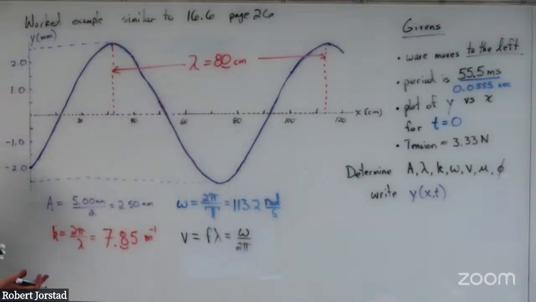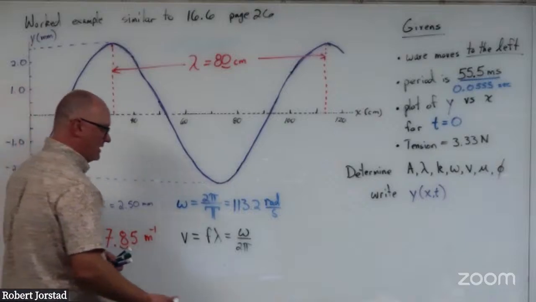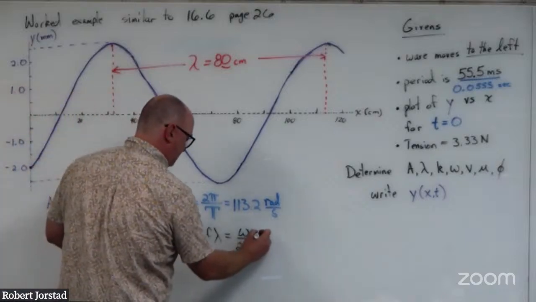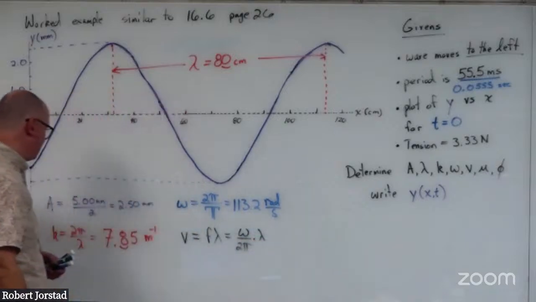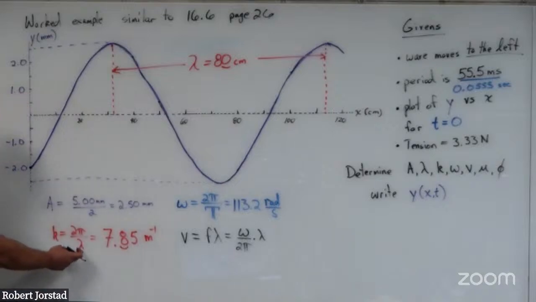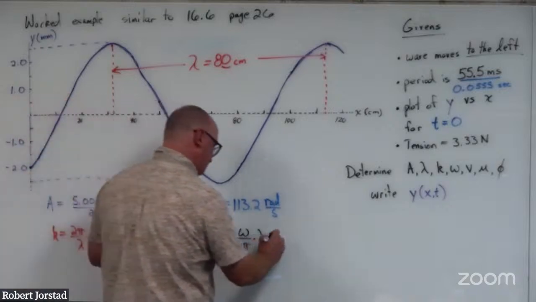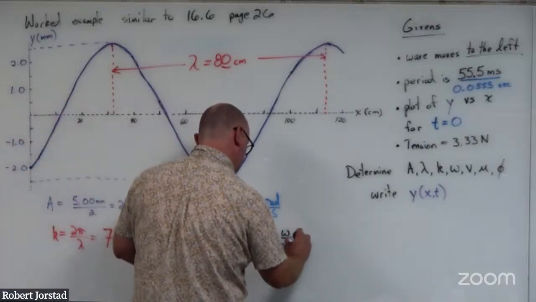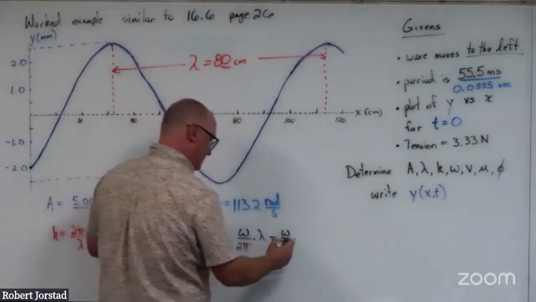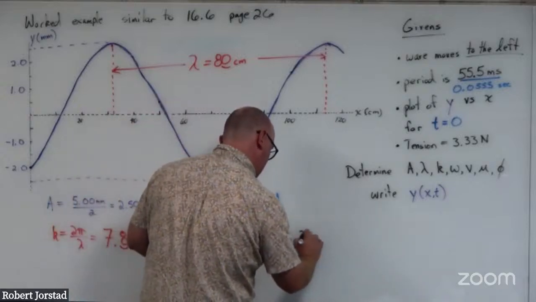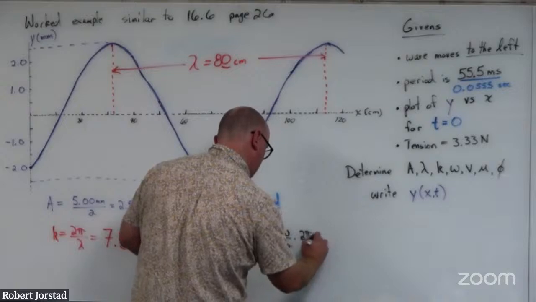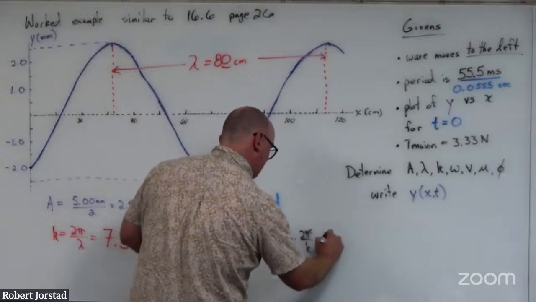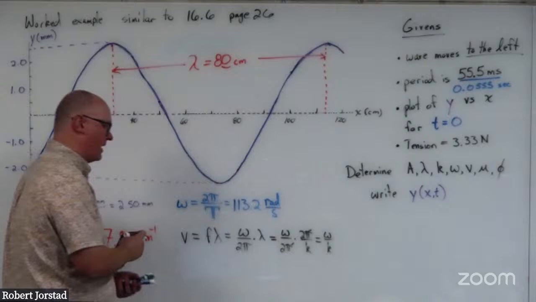We could do it that way, and that would be fine. But now I would like you to notice that lambda, if we rearrange this, is 2 pi over k. Again, the other way would have been fine. Notice it's also omega over k. So either way would be good.